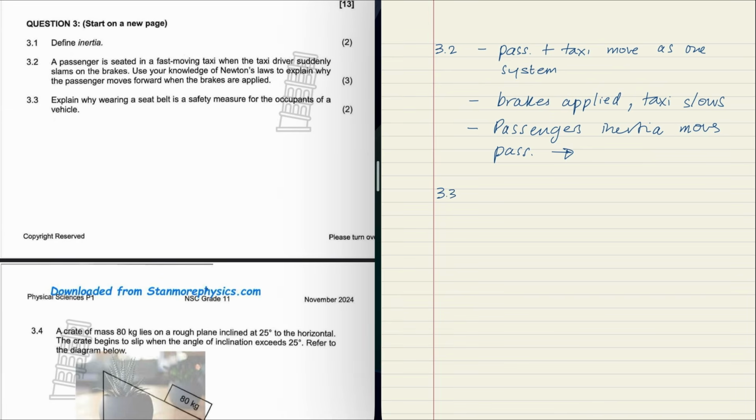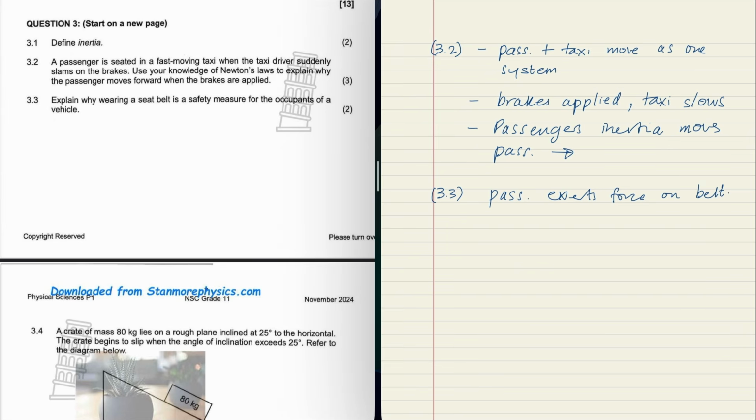Question 3.3. Explain why wearing a seat belt is a safety measure for the occupants of a vehicle. So when the passenger moves forward, right, the passenger exerts a force on the seatbelt.